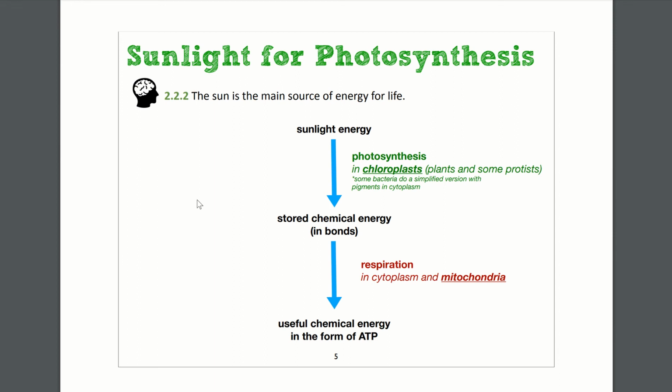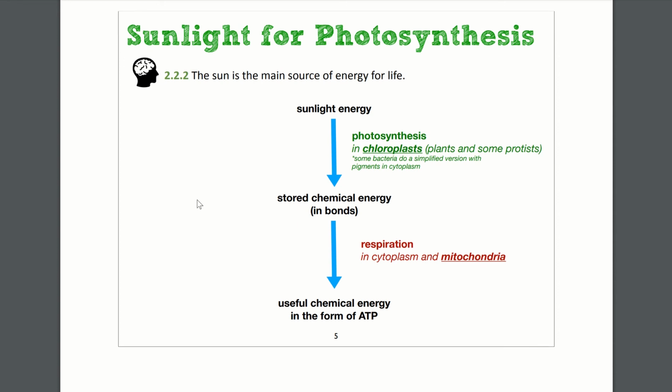Now here we see sunlight for photosynthesis. Light is needed for photosynthesis, not necessarily sunlight, just light. So sunlight energy, through the process of photosynthesis in chloroplasts, can make stored chemical energy in bonds, and that is sugar, glucose, that is stored chemical energy.